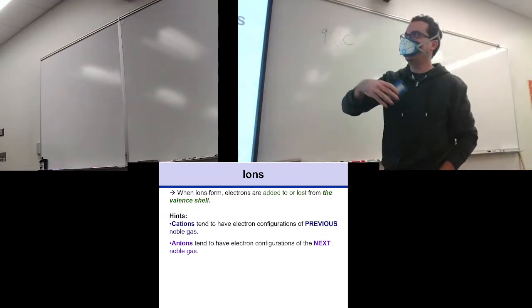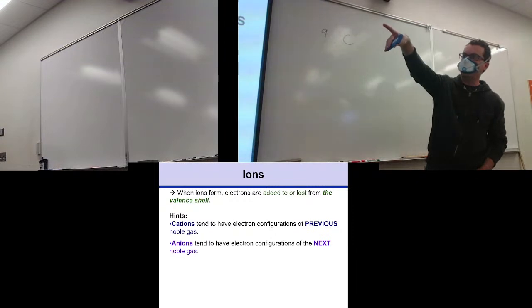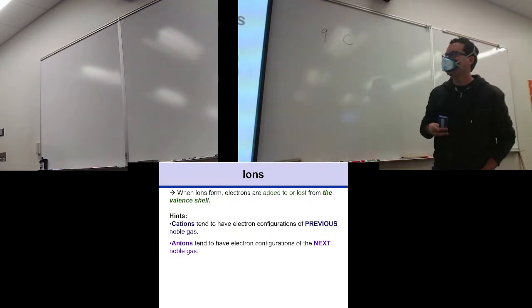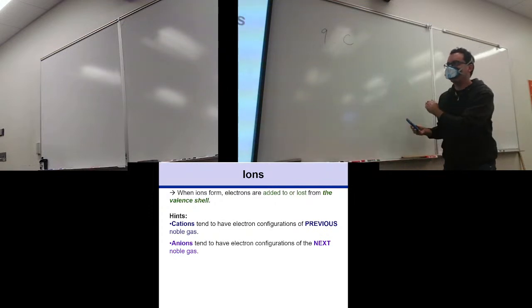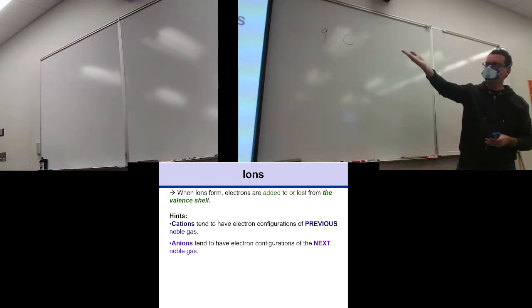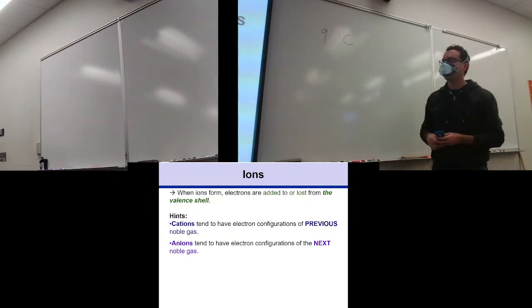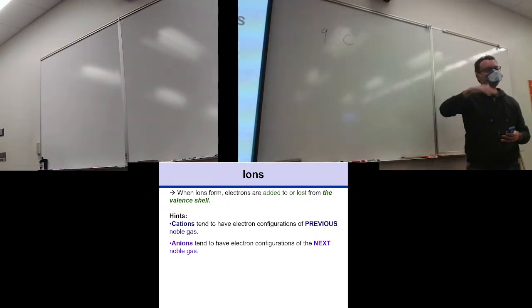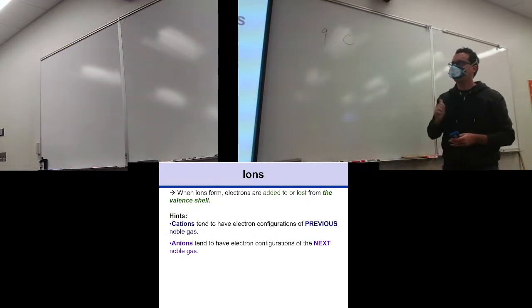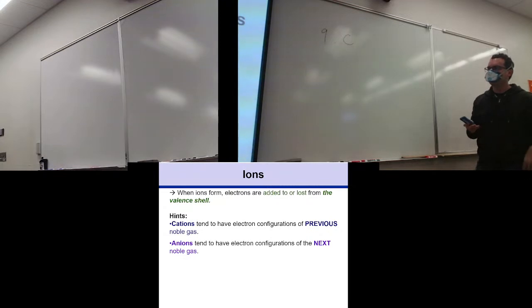Cations tended to look like the noble gas before them, so potassium plus would look like argon. And anions tended to look like the noble gas that comes after them. So selenium, Se, when it becomes Se2 minus, has a noble gas electron configuration.